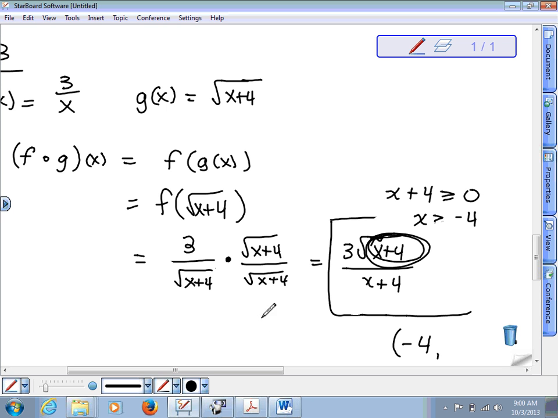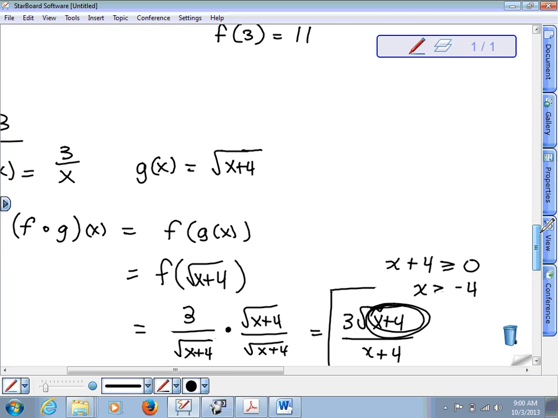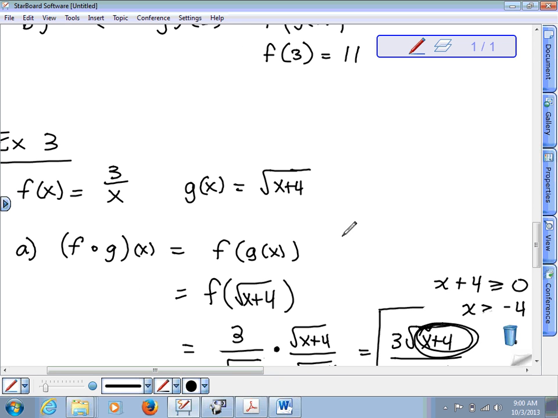It can't be 0 because 3 over x is one of your original functions. Where were we? 0 plus 4 is 4. No, but the 3 over x, your f of x. Then go to the first example. Oh, I see. I see what you're talking about. Once we form the composition, this really isn't an x anymore.